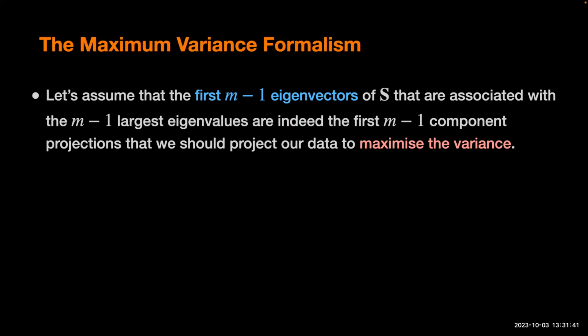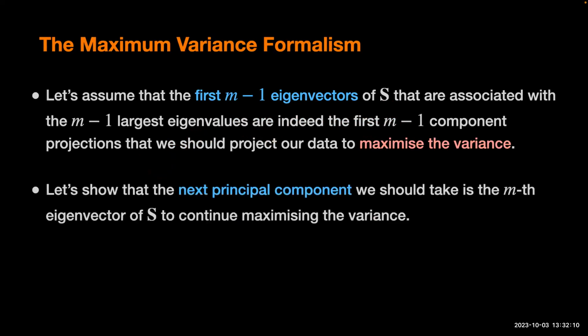The induction case says, if the first m minus 1 eigenvectors that I should keep are the eigenvectors of S with the m minus 1 largest eigenvalues, then the next one that I should keep is the mth eigenvector. And I want to make sure that this direction indeed maximizes the remaining data variance. That's the statement. It is very much a mouthful, but when we write down some math, hopefully this will become clear.